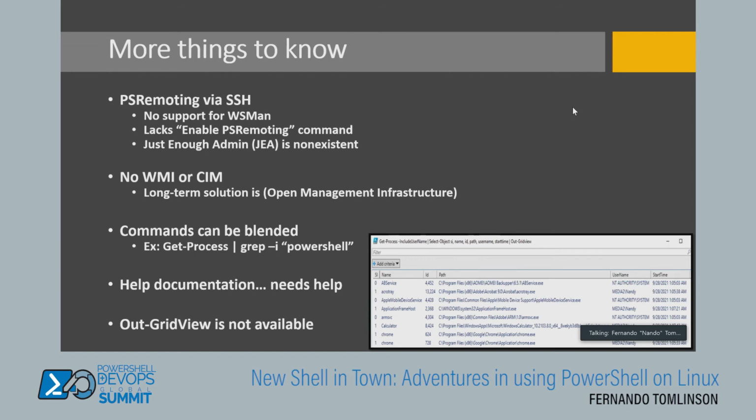Now, the other thing, and this pained me, I love Out-GridView. Man, I love Out-GridView. And with PowerShell Core, it's no longer a thing. So that hurt me to the core. If you're not familiar with Out-GridView, I got a little snippet there in the bottom right-hand corner. An Excel-like pop-out graphical interface just allowed me, from a cyber perspective, to be able to slice and dice data on the fly.